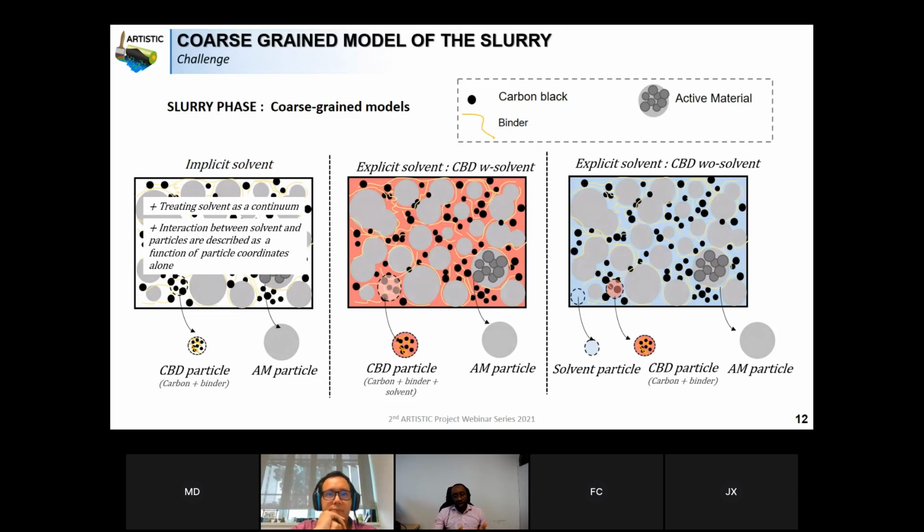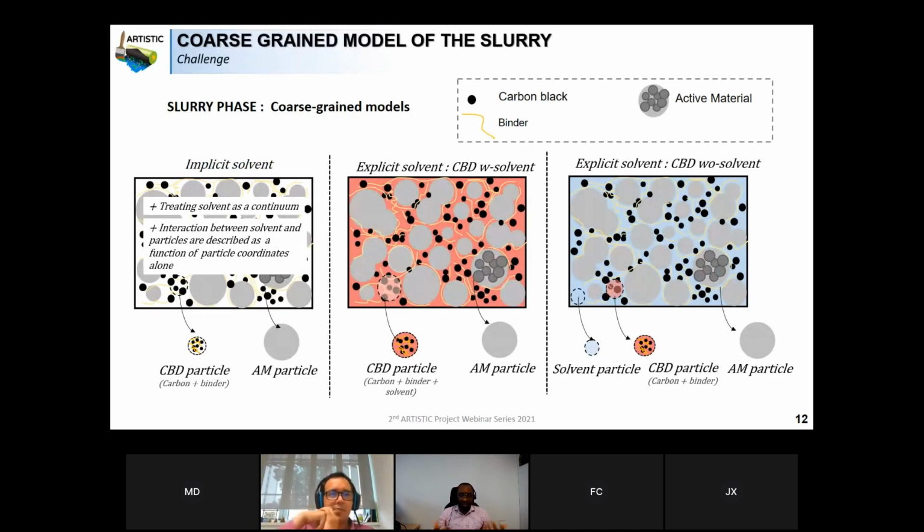And then we have explicit solvent, like we have explicit particles in the model. So in this case, we have three types of particle. And then with that, we will reduce for sure the number of particles in the system, because we coarse grain our model. For example, in the CBD particle, we have a collection of carbon and a collection of binder inside.